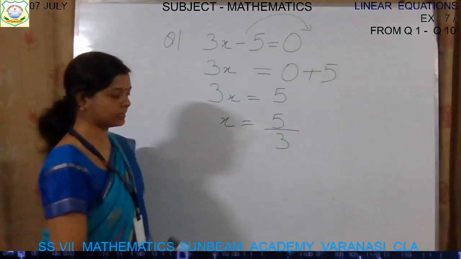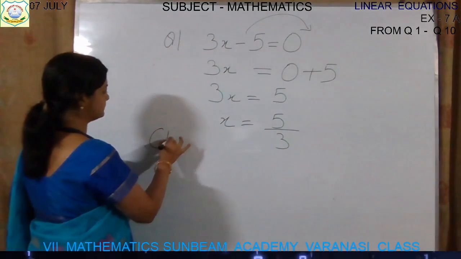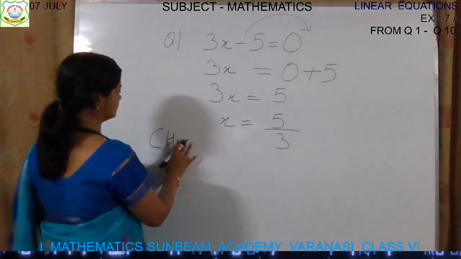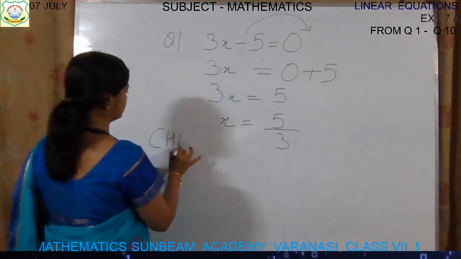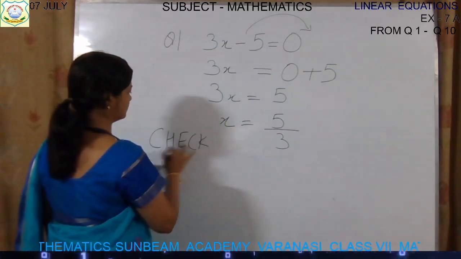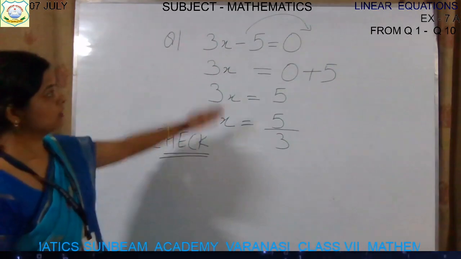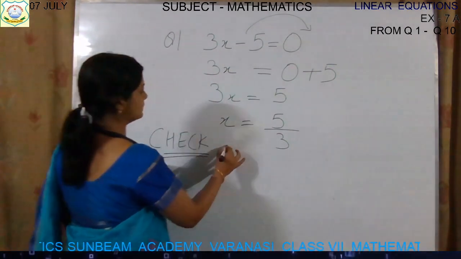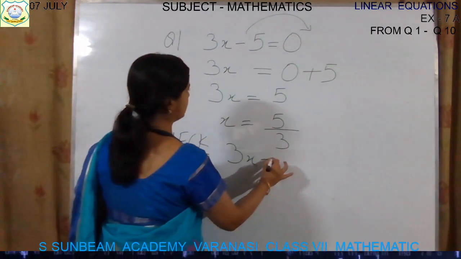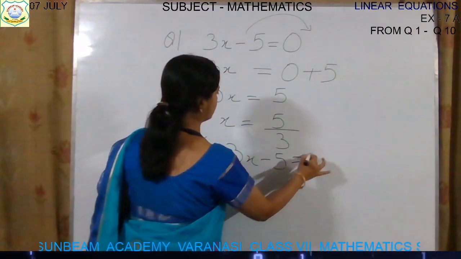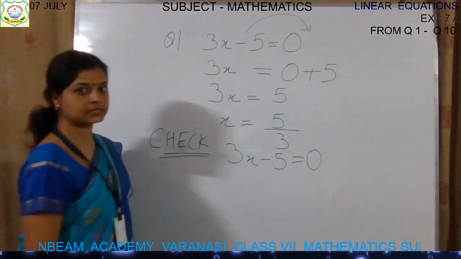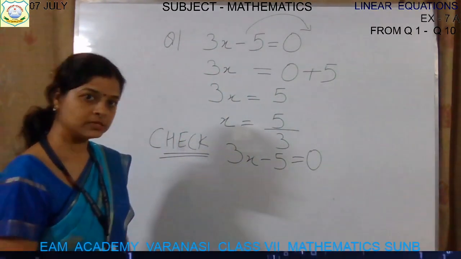Now how to check? Just write down the question first. 3x minus 5 is equal to 0.